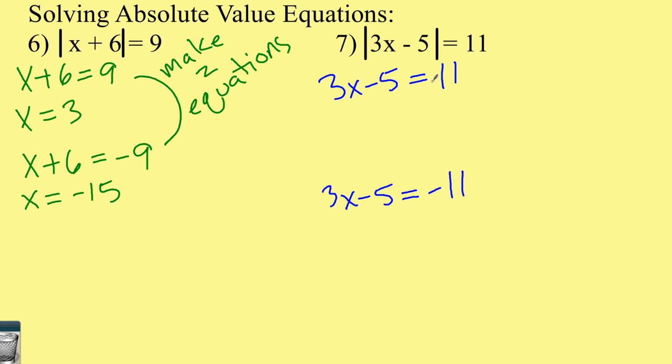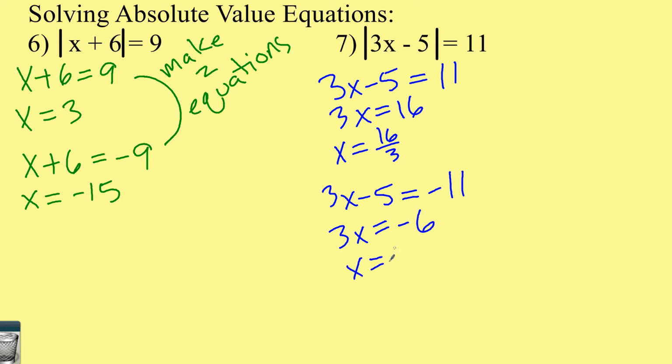We solve those two equations. This one ends up being, let's see, add 5, you get 16. You get x equals 16/3. This one, you add the 5. You get -6. x equals -2.